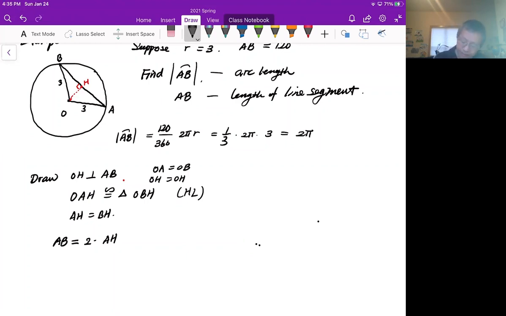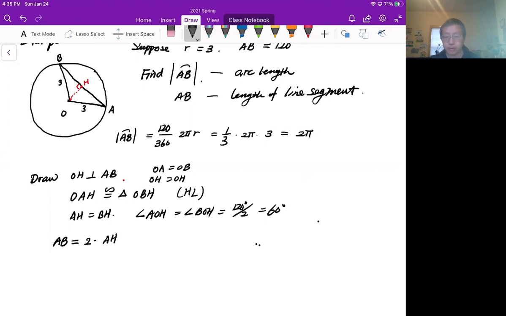Well, first of all, I still have to say one more thing here. The angle AOH is the same as the angle BOH, and that's 120 degrees divided by 2, and therefore that's equal to 60 degrees, right?